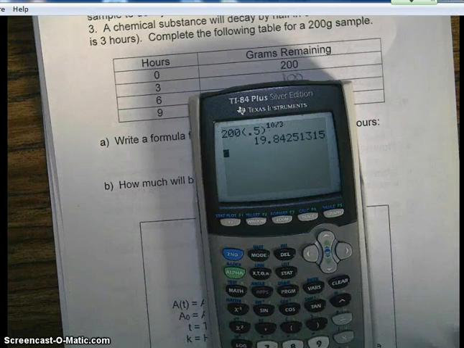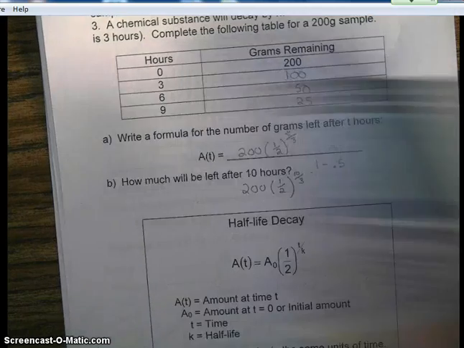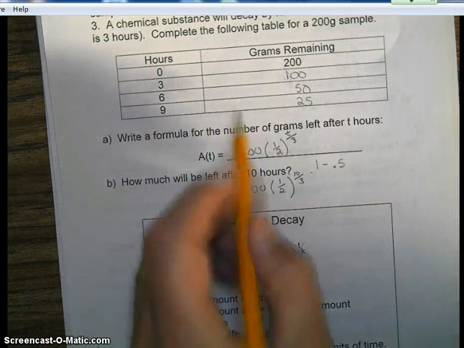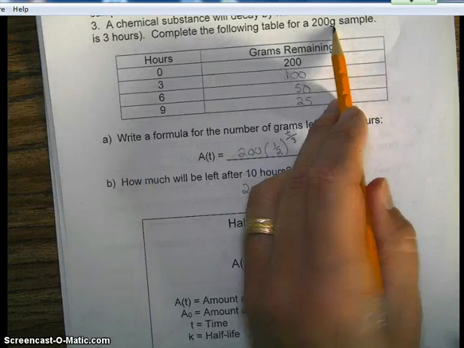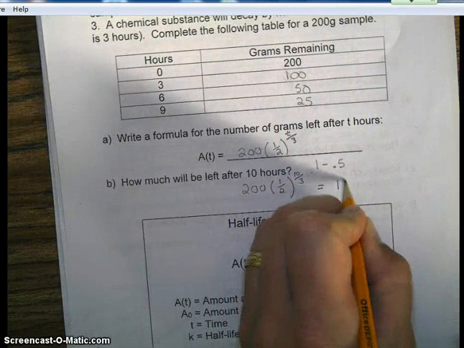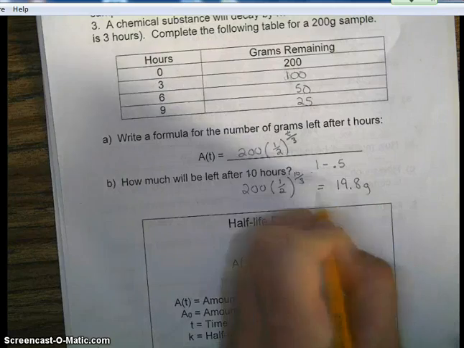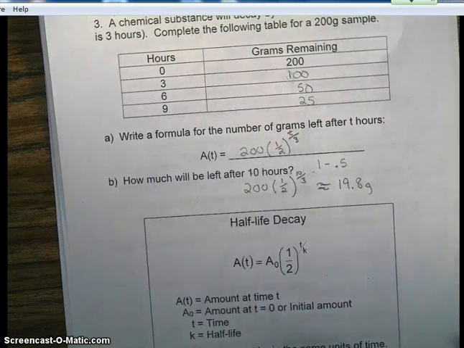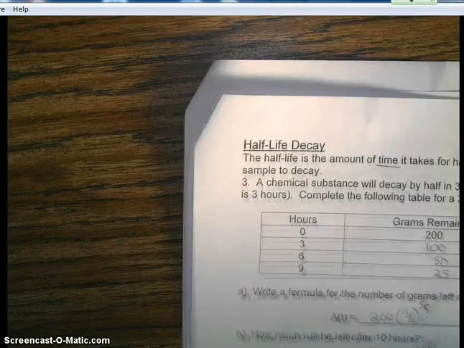So we'll have approximately 19.8 grams. Okay, so that's half-life.